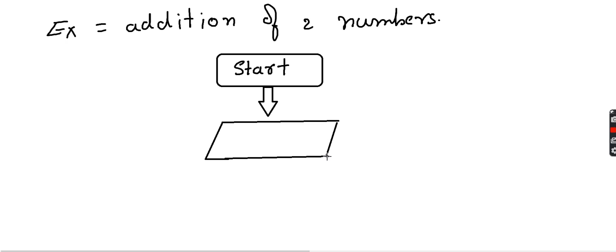I will write read A, B. Next, once again I need to use a flow line.